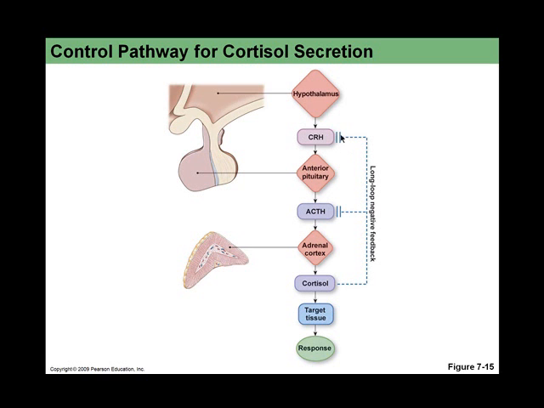They're showing it at the hormones, but it's actually targeting the cells that are synthesizing and releasing hormones 1 and hormones 2. Then the target tissue will be where we would find the response to the hormone 3, the cortisol.